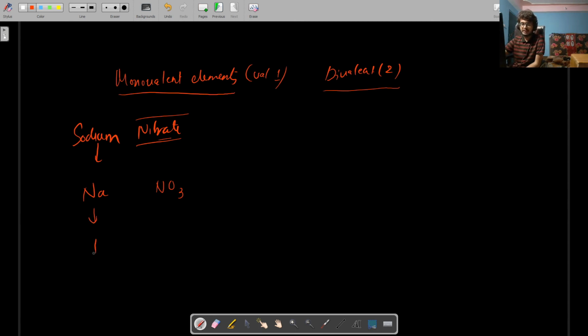Na1. Correct. What is the valency of NO3? Where is NO3 located? Is it in monovalent or divalent or trivalent? What is the valency? 1. So crisscross it. Give this to Na, give this to NO3. So we get Na1, NO3 1. But we don't need to write the 1. So it is NaNO3. This is how you do it.